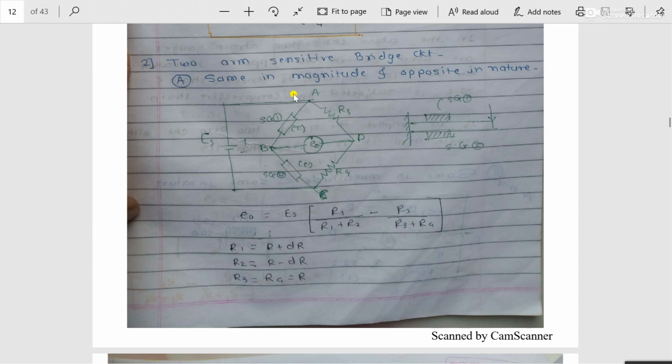But as we know from this circuit diagram and this application, strain gauge 2 is under compression, therefore the resistance decreases from the original resistance value. Here, as strain gauge 2 is subjected to compression, the resistance decreases from this R, therefore this sign is taken as negative.